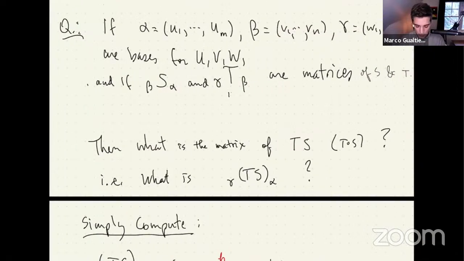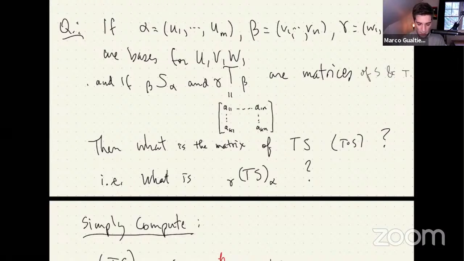So we already computed this. This was A11 up to AK1, going up to A1N up to AKN. And this thing now I need a name for this matrix. This is acting on the alpha basis, which has M elements. So I'll just give it the name B, B11.